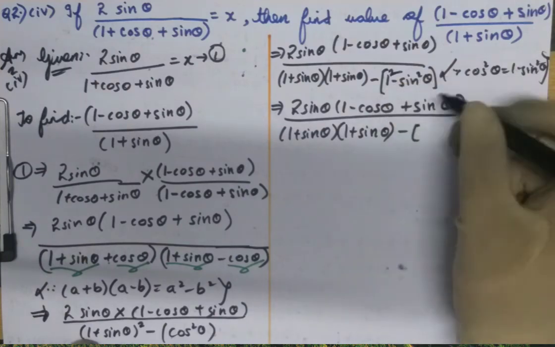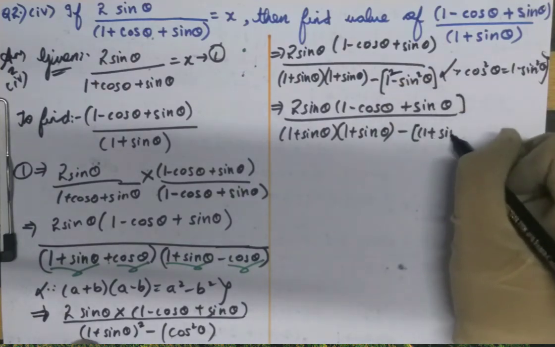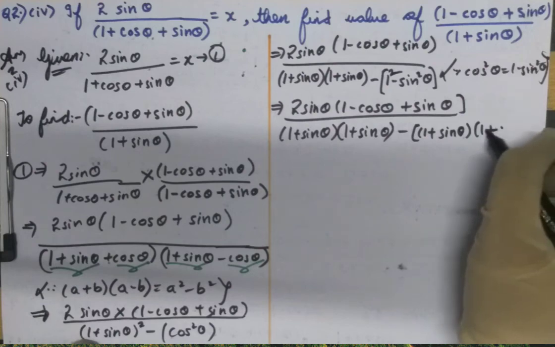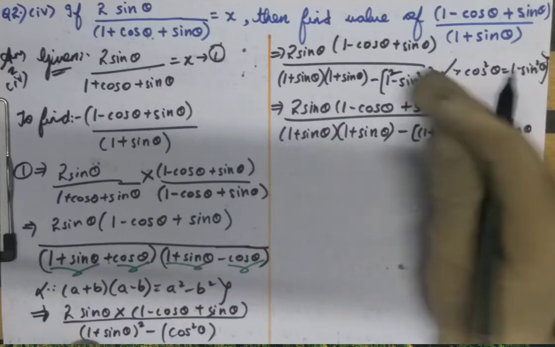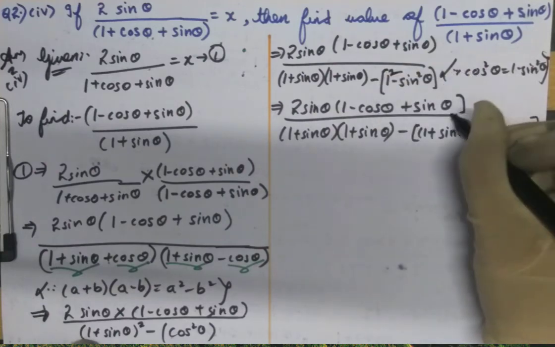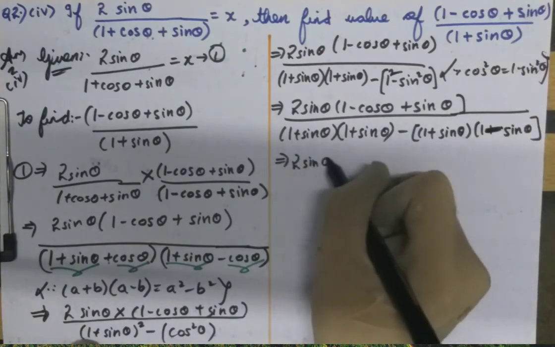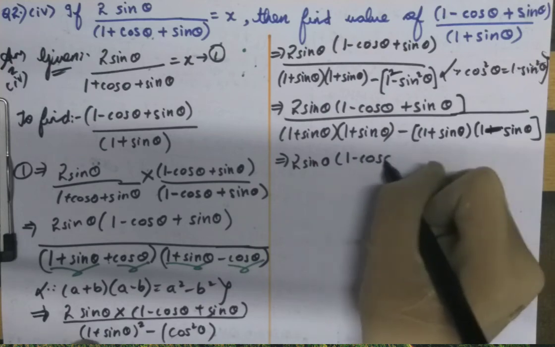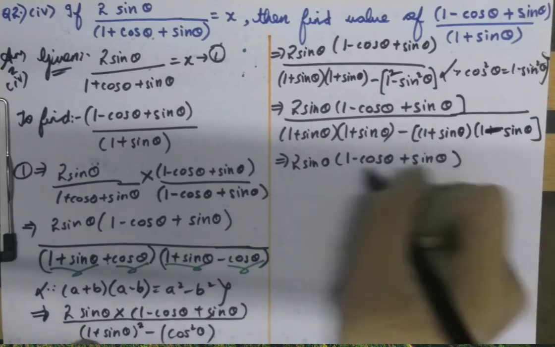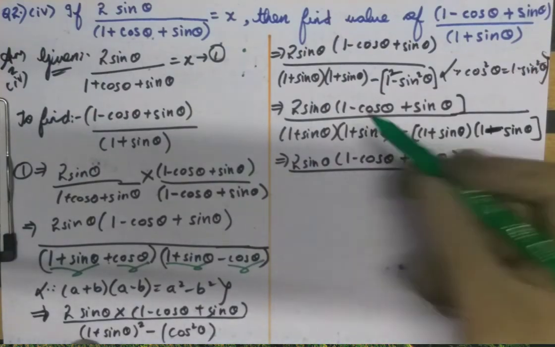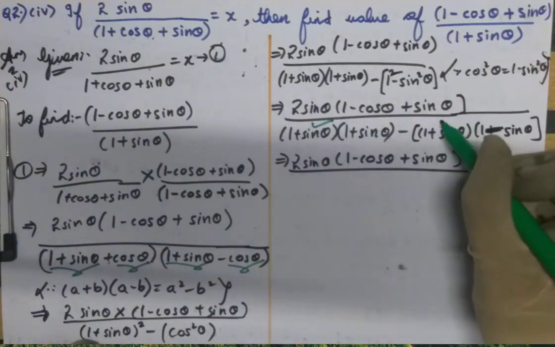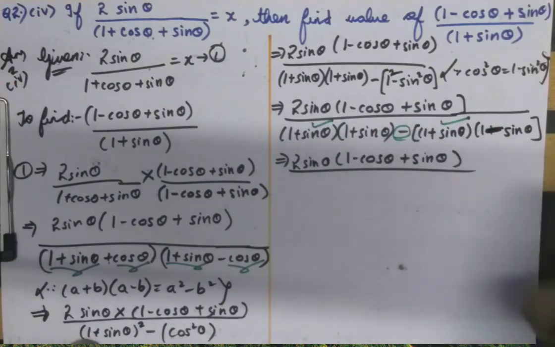What is A square minus B square? A plus B into A minus B. A here is 1 and B here is sine theta. Okay, so it implies 2 sine theta into (1 minus cos theta plus sine theta) whole, divided by. Now observe, here also we have 1 plus sine theta and here also we have 1 plus sine theta and they are separated with a minus sign.